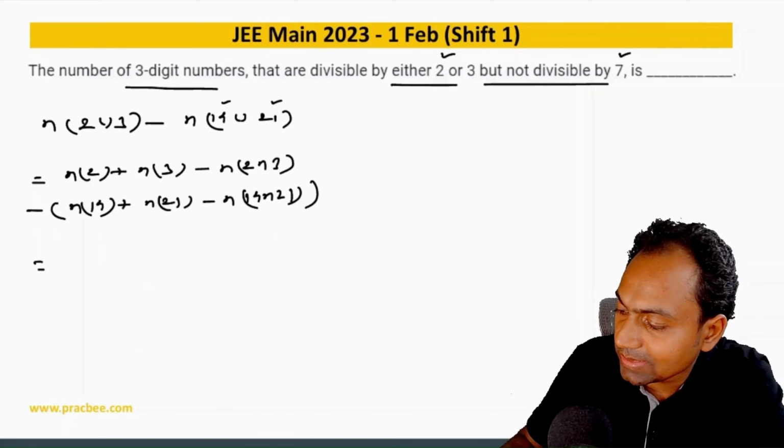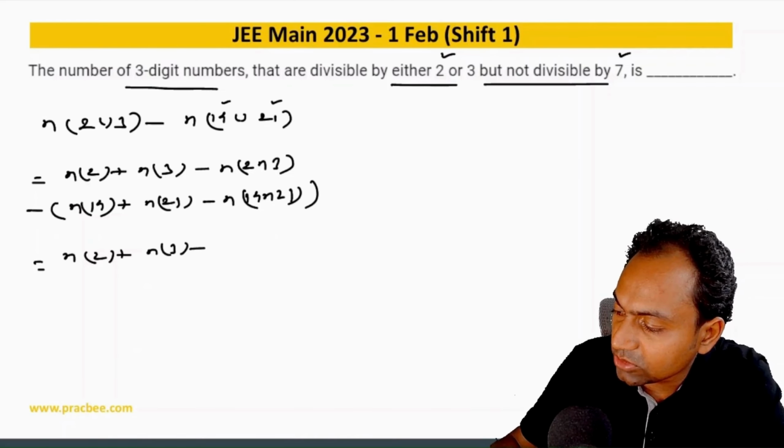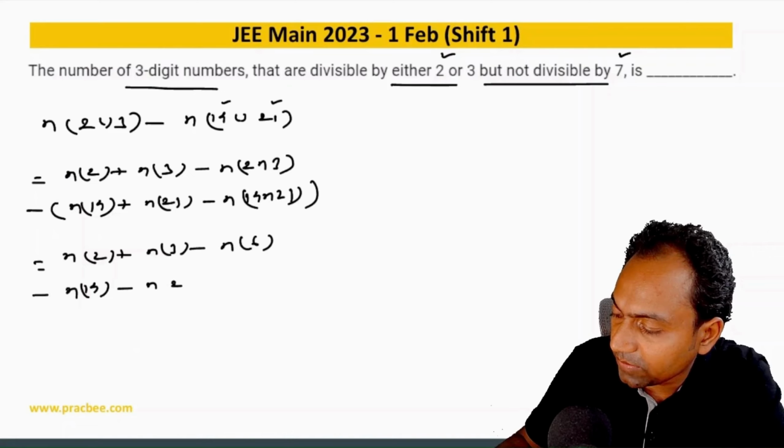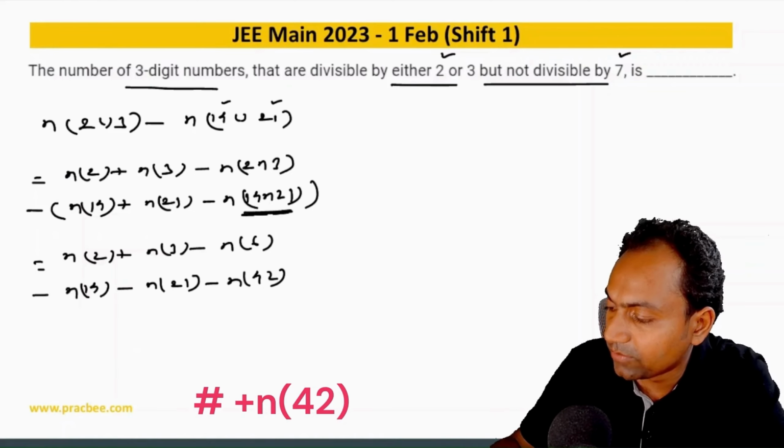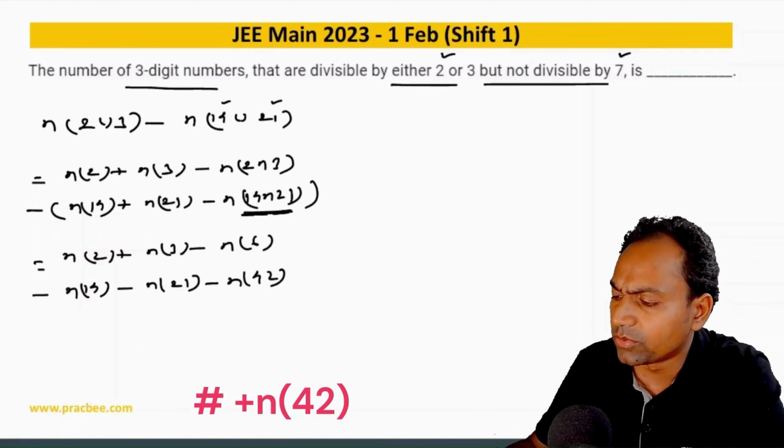So this can be further simplified and written as n of 3, and the intersection of 2 and 3 would be numbers divisible by 6, and then the number of elements divisible by 14, by 21, and by 42, because the LCM of 14 and 21 would be 42. All we need to do is find these values.